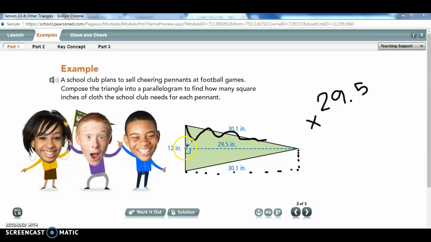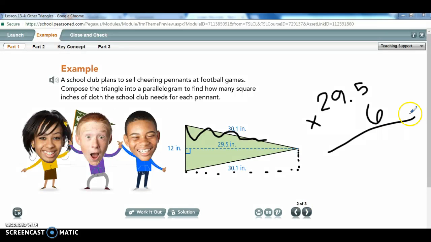So I know that I'm only going to use half of that, which is 6. Again, the reason why I did this is because this whole thing right here is 12 inches, but what I did was I cut from here to here off, and I slid it down over here. So really I'm only going from this corner to the dotted line, which is halfway, so 6 inches.